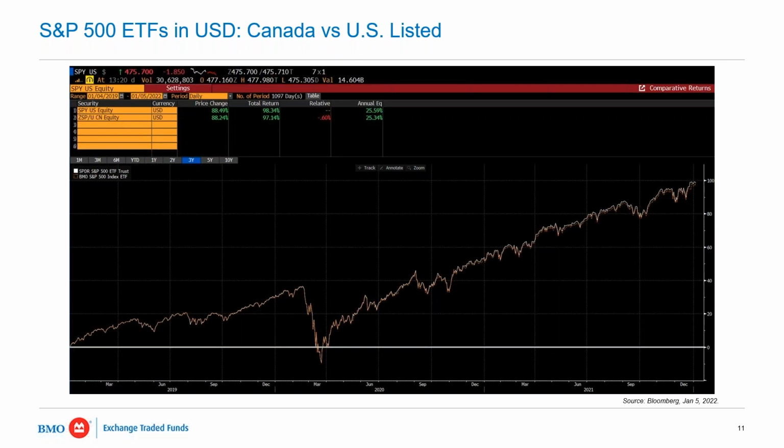In the case of SPY, US investors who buy SPY, which is what we're seeing the return here, are not subject to that, however, the returns are embedded into ZSP.U. So just a small point to say that if you adjust for withholding tax, these returns are actually totally identical.